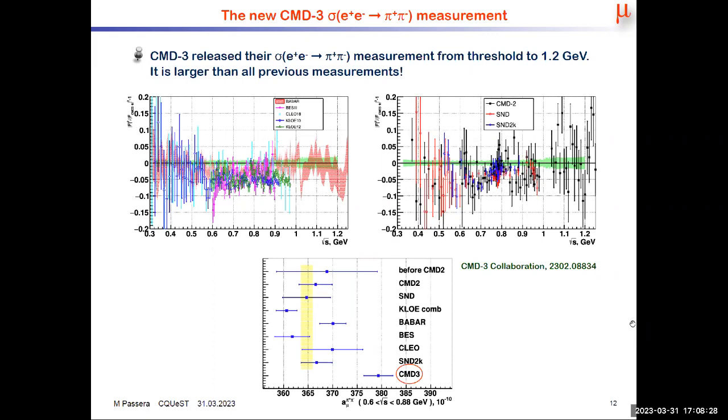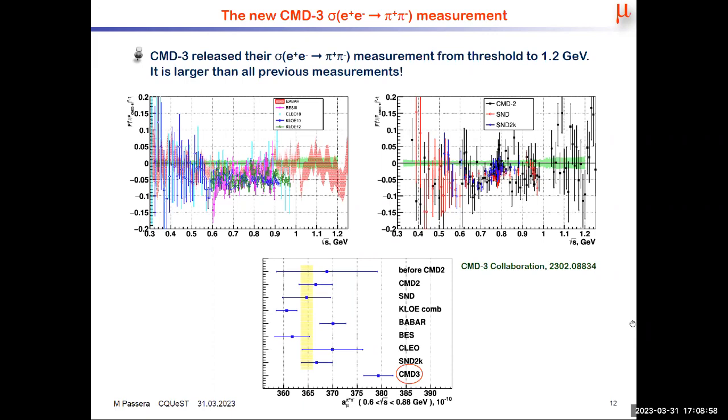So it seems that many error bars are much smaller. Yeah, much smaller. How can KLOE and BaBar have it in the lower part? Much smaller. No, wait a second. You see them here. Look at the integrated value that you see here, from 0.6 to 0.88.